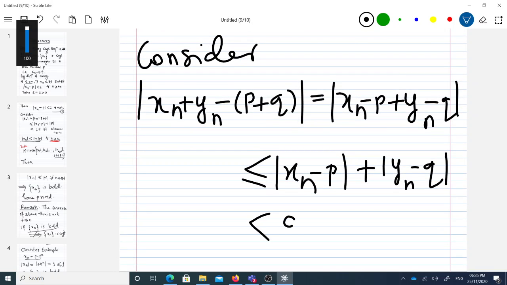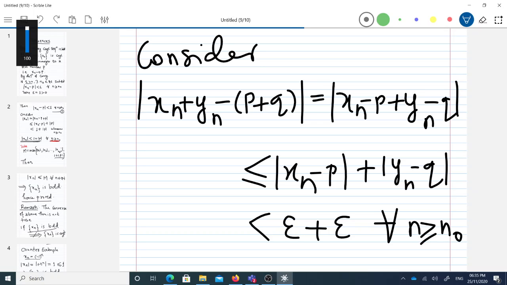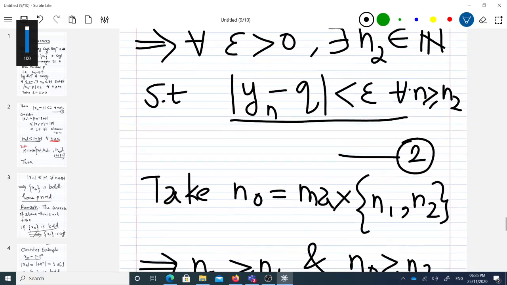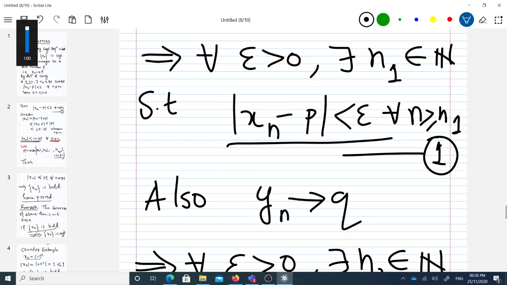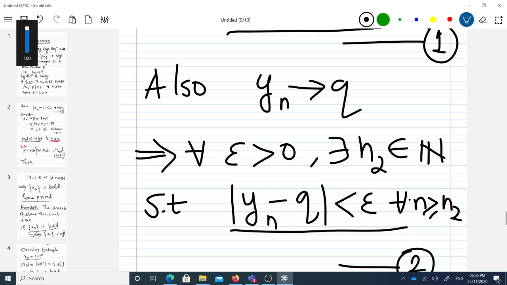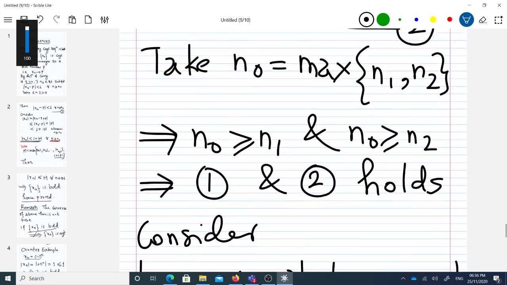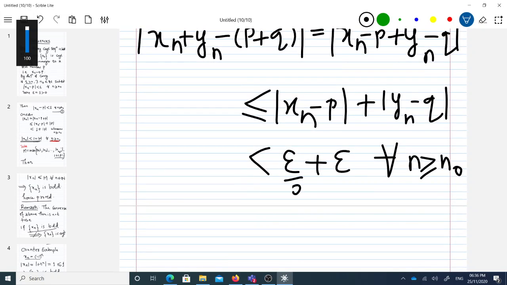But this is already less than epsilon. This is also less than epsilon. This holds only for all n greater than or equal to n naught. Now I am not saying n1 and n2 because this n naught will hold for number 1 as well as number 2. So this is a common n naught which will work for 1 and 2. So I will get 2 epsilon whereas I want only epsilon. So what I will do, I will make it epsilon by 2, because epsilon is in our hand. Here also it is epsilon by 2. So if I take epsilon by 2, I will have epsilon by 2 plus epsilon by 2, which is epsilon.